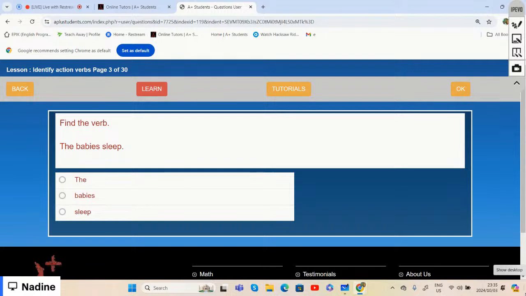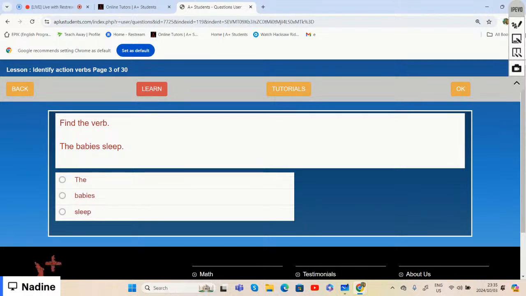The next one says the babies sleep. So is our answer option one, babies, option two, or sleep, option three?